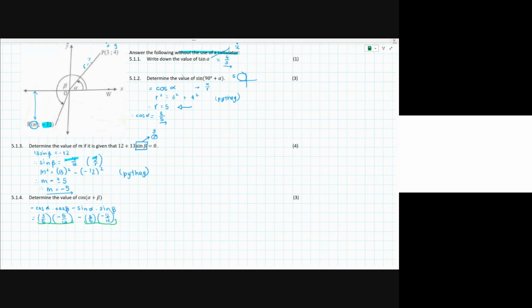So just use your calculator to multiply the fractions, and show each of your steps. When we multiply those first two fractions together, I get negative 3 over 13. Multiply the second two, plus 48 over 65. You could show your LCD here, but just type it into your calculator. 33 over 65 is your final answer.